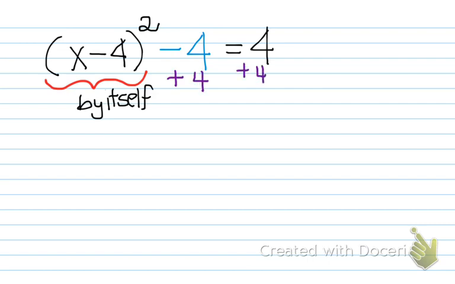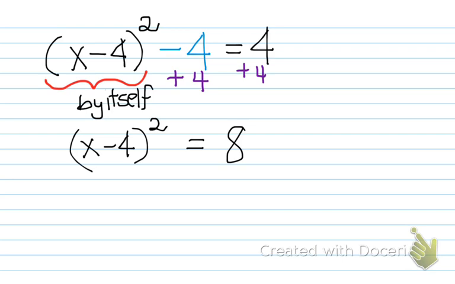Now the quadratic is by itself, and notice there's nothing in front or behind the quadratic. 4 plus 4 is 8. The quadratic is now by itself.